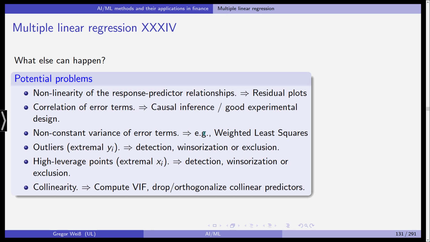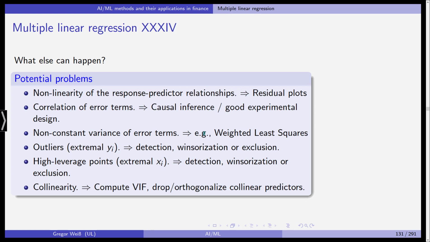It's not x that is driving y, but actually y is also driving x, so we have reverse causality, as we call it. And all of these problems, omitted variable bias, reverse causality, they lead to a correlation of error terms because the error terms are picking up something that should have been included, and then we have a problem in our estimation. And we use causal inference to tackle this problem. We are likely not talking about this in this lecture, but this is a huge problem in empirical analysis.